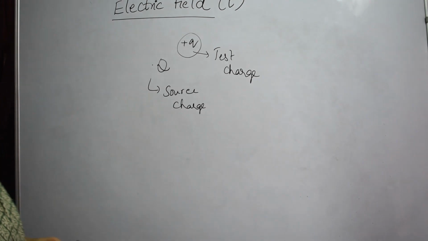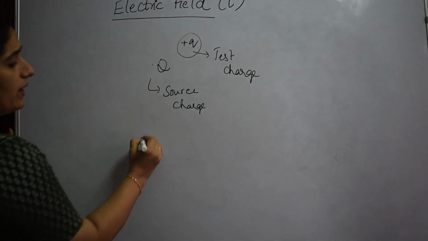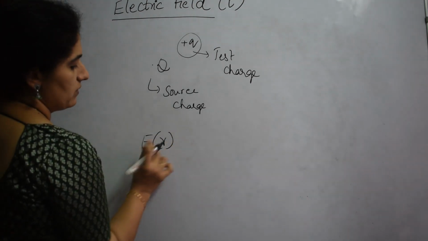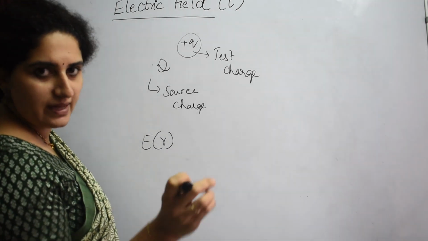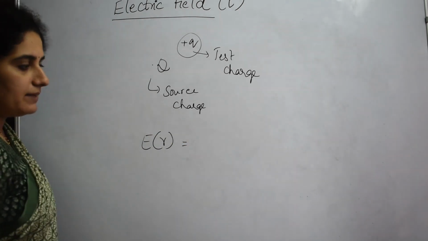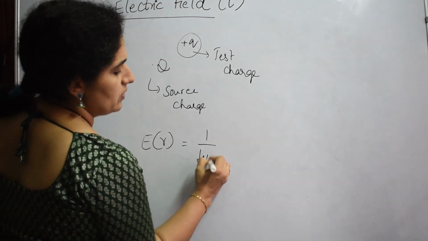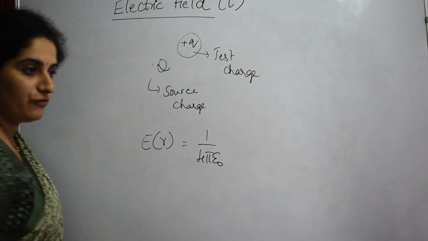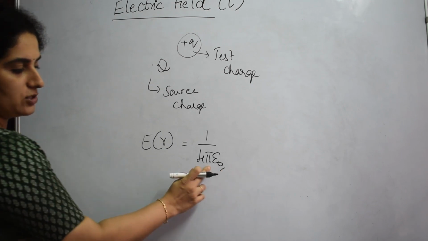So now when I represent this E of R, R means a radial vector where we keep the source charge. It is given by the same expression, only a very small change, 1 by 4 pi epsilon naught. Now this comes into the picture.